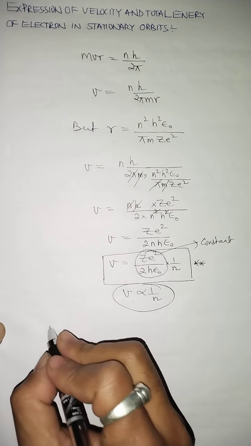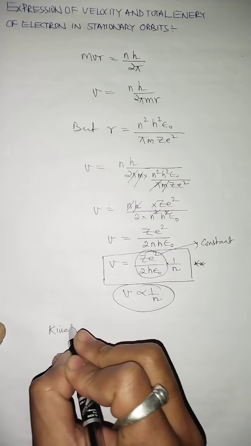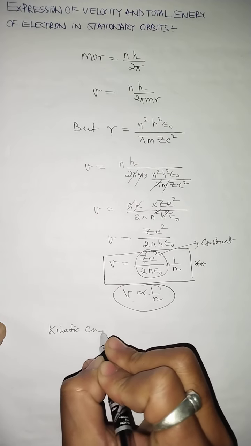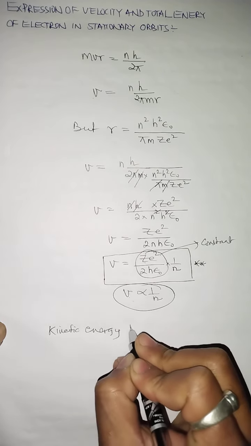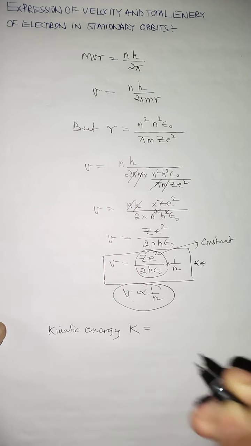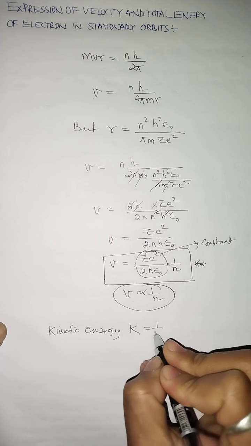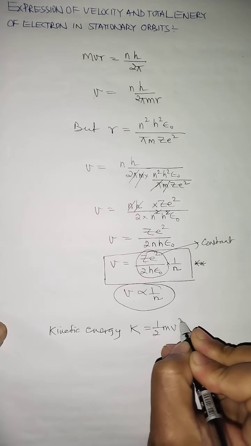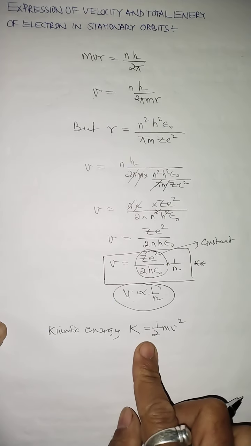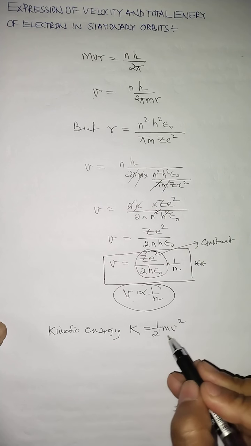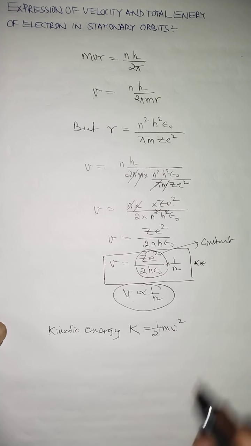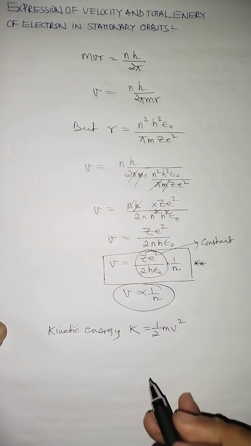And you know, kinetic energy K for any body whose mass is m and moving with velocity v is given by the formula half mv square. So this is the expression of kinetic energy for the electron of mass m moving with velocity v.